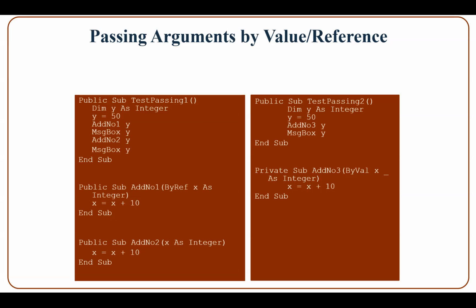So when you pass y to x, a copy of y is passed to x. So any change to x within the sub-procedure is not kept. When you display the content of y, it still shows you 50.